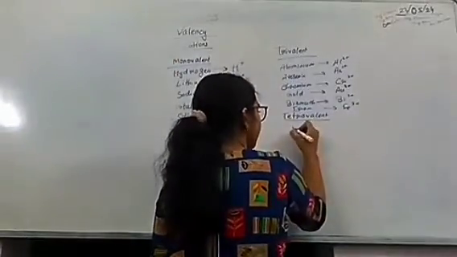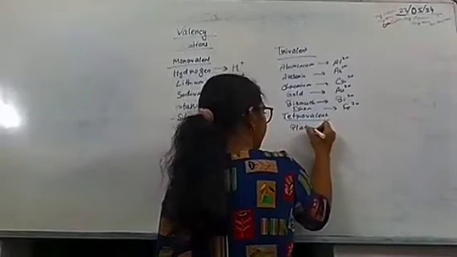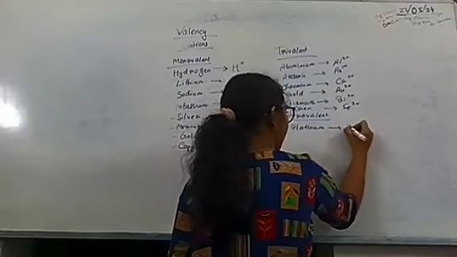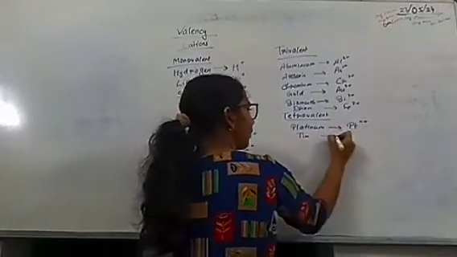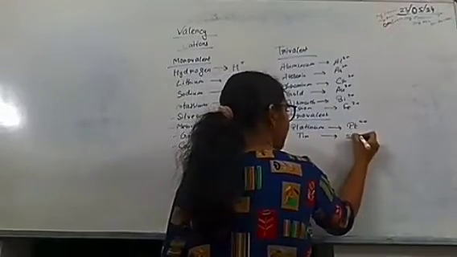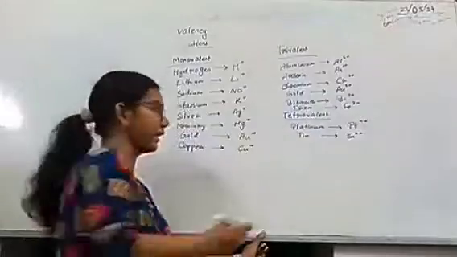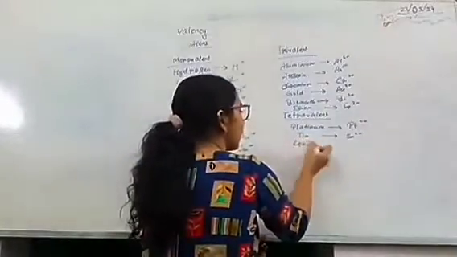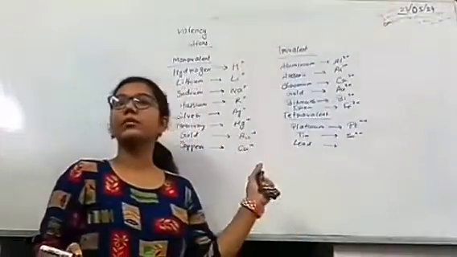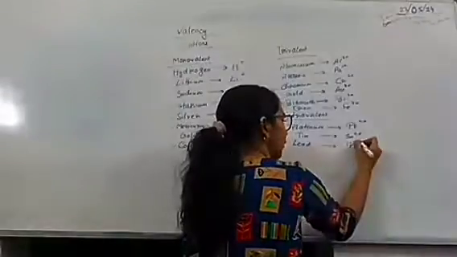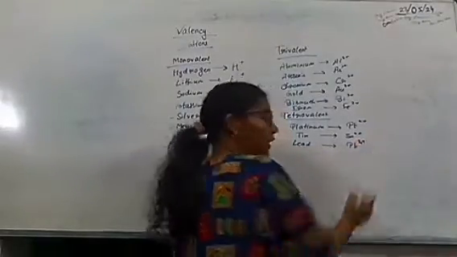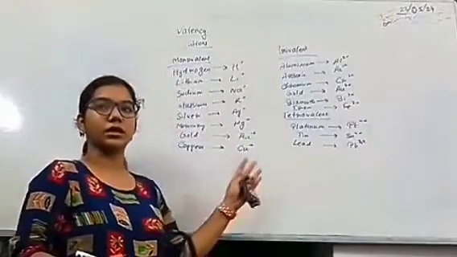Now we will discuss the tetravalents. The first tetravalent is platinum, Pt 4 plus. Another one is tin, Sn 4 plus. And lead. Remember one thing: lead is mostly plus 2. It will only exist as plus 4 valency when it reacts with oxygen or fluorine.